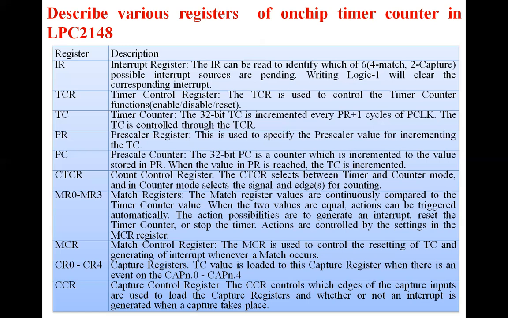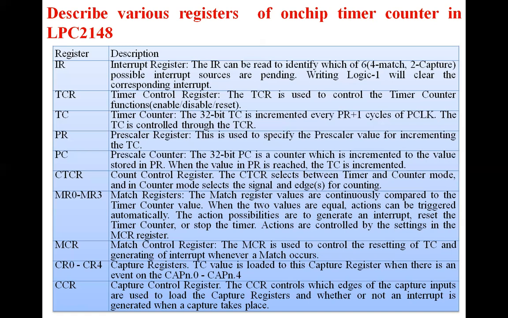Then PR is the prescaler register. It is used to specify the prescaler value for incrementing the TC. PC is the prescaler counter.